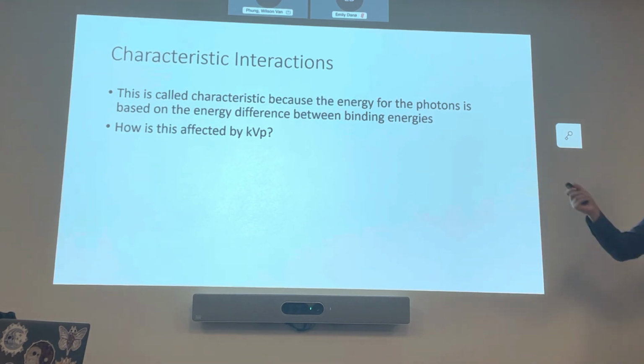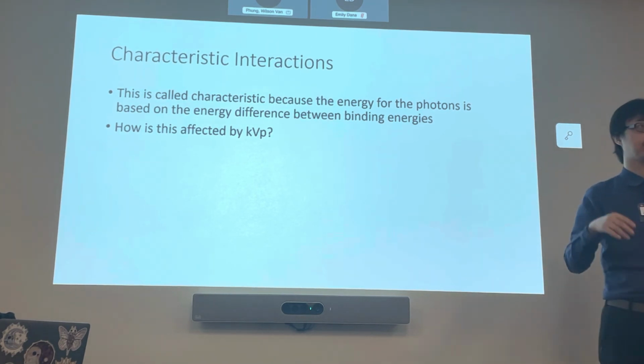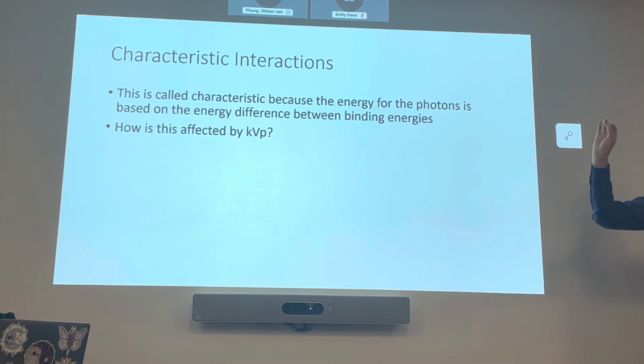Bremsstrahlung. So why is this called characteristic? It's because it's based on the character of those electron shells, right? If it jumps from L to K, the energy difference is the same every single time. So the X-ray you get out is going to be the same energy every single time. Does that make sense?